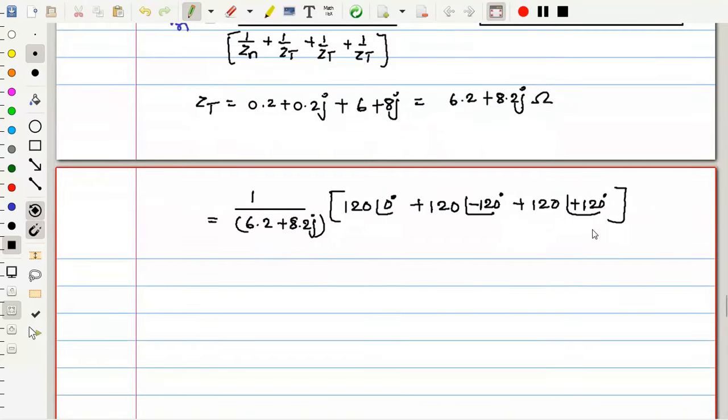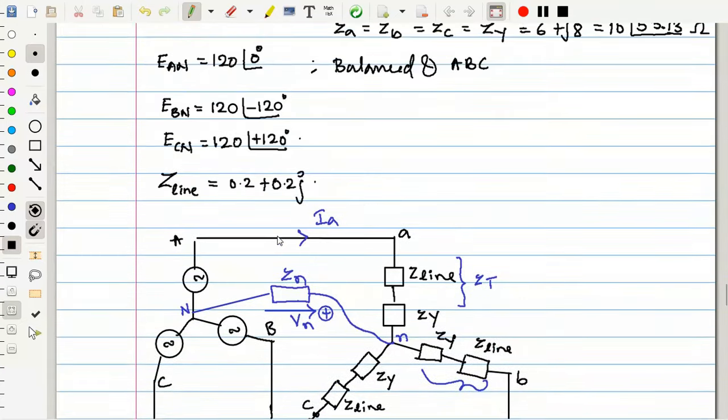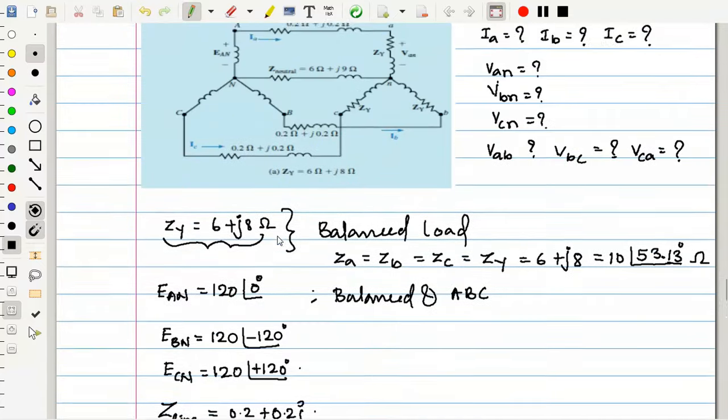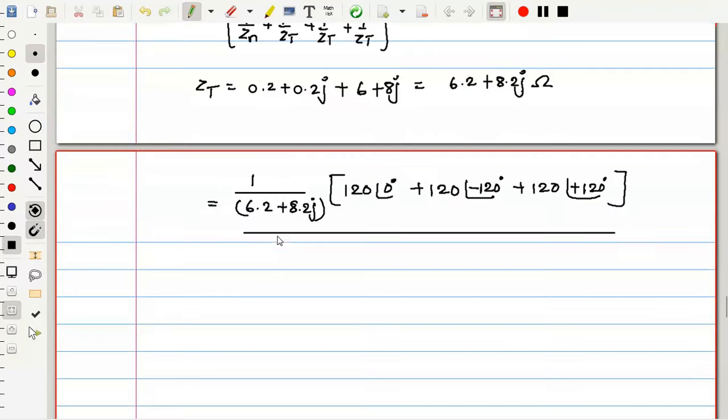So the numerator is completed. Now what about the denominator? 1 by Zn. How much is Zn? 6 plus 9j.